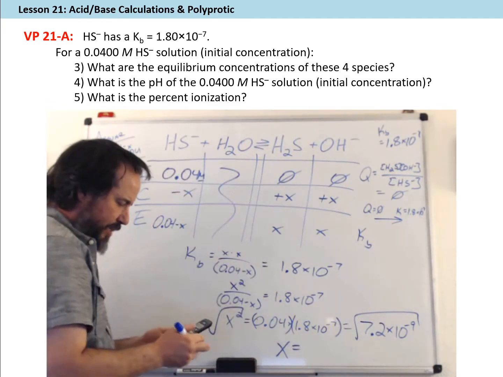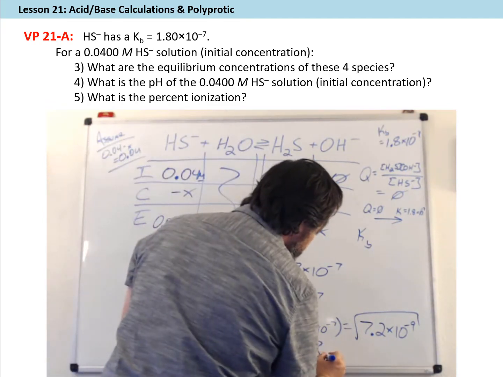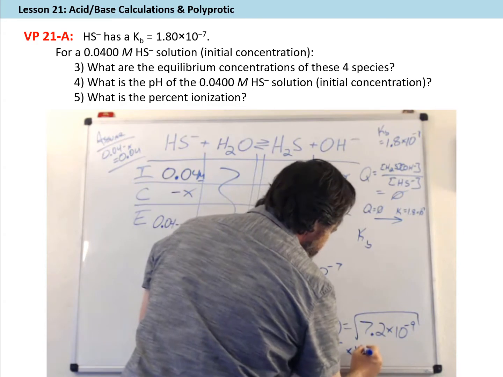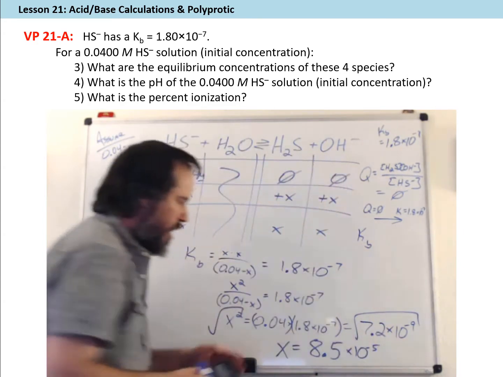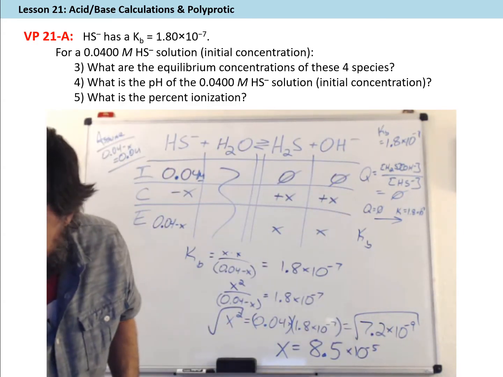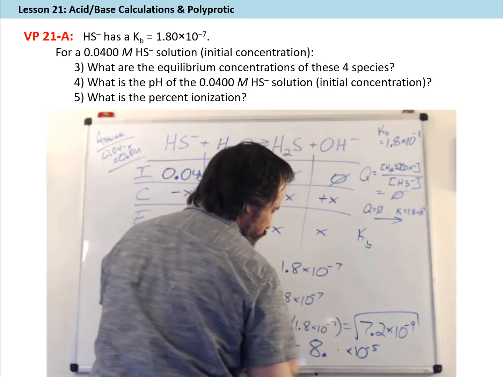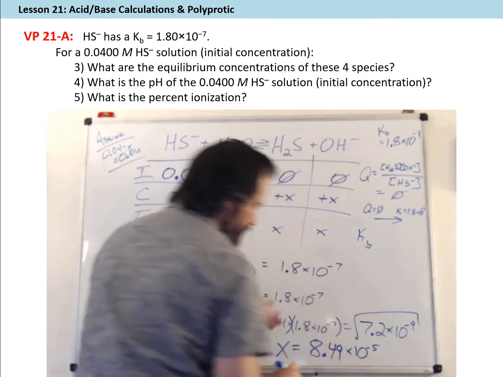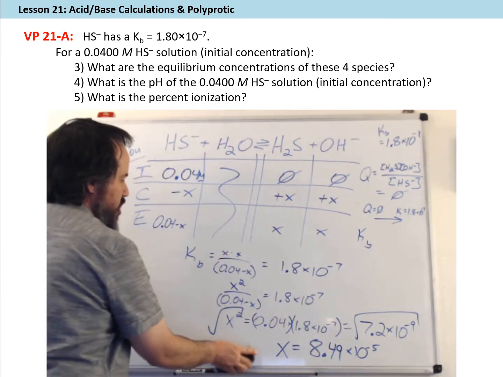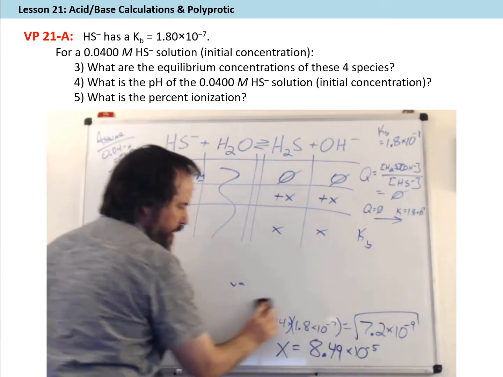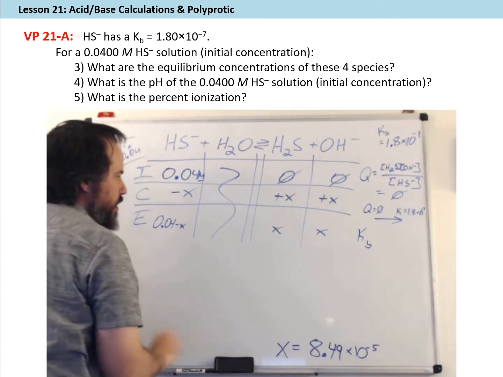So now my X is 8.5 times 10 to the minus 5. All right, so that's my value for X. Or actually, it's 8.49. It's always good to keep some extra sig figs. So now I'm going to use this up here.